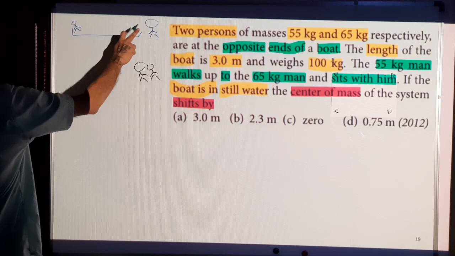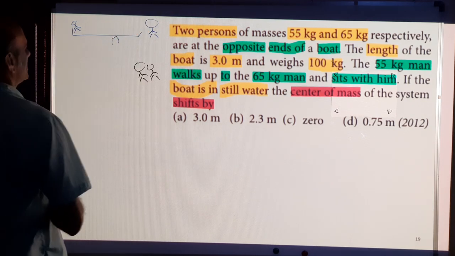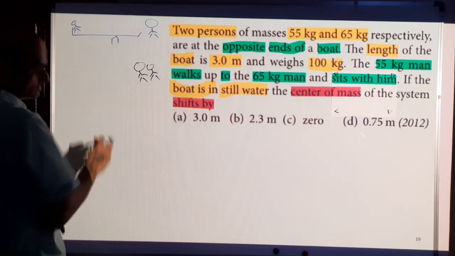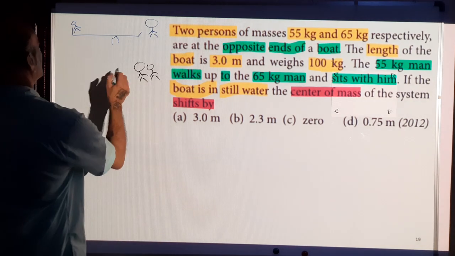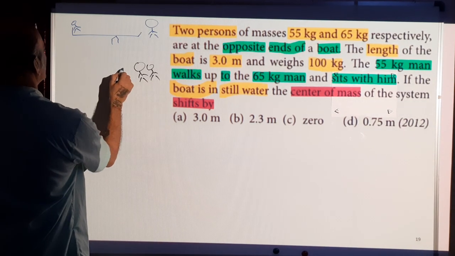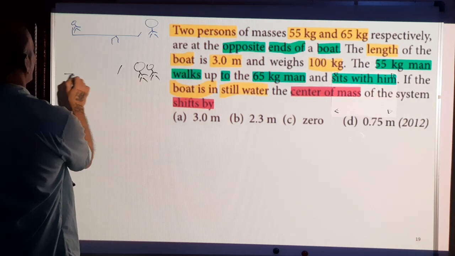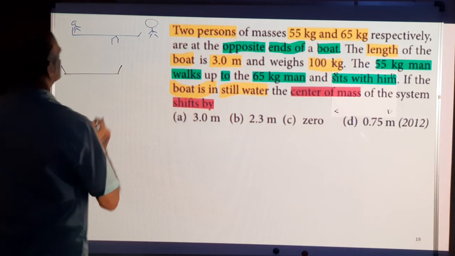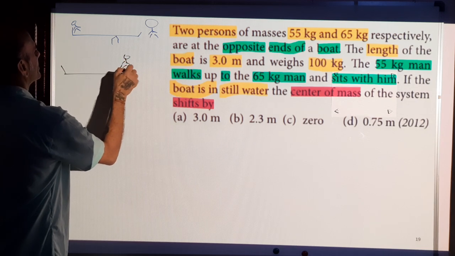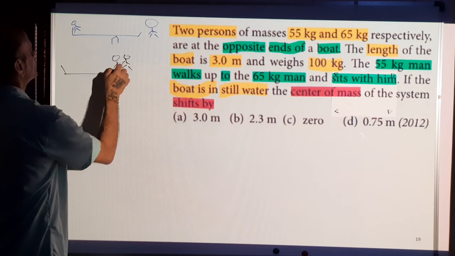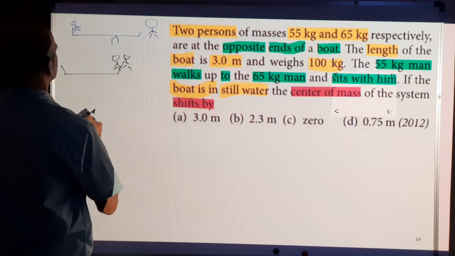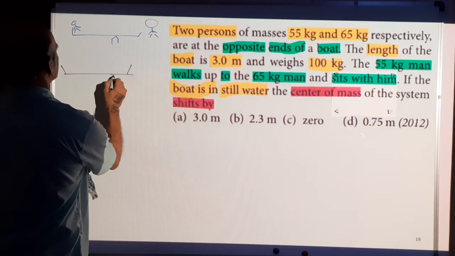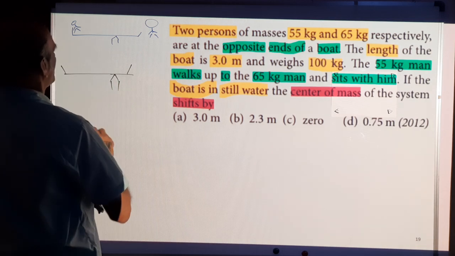This guy walks and comes to this end of the board. So for the center of mass to be the same, the board would have shifted towards the right by some amount. This is the correct picture. The center of mass location is the same.